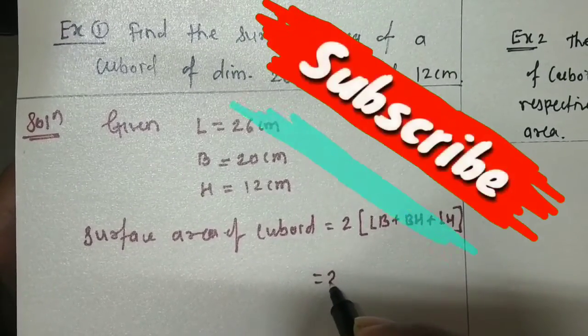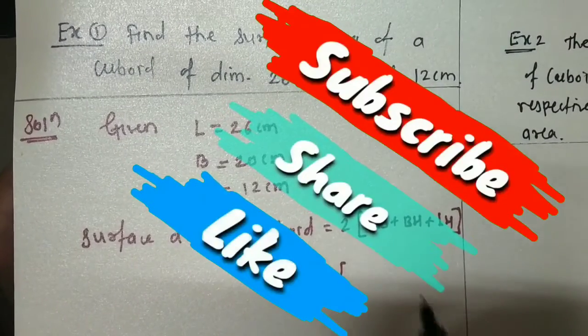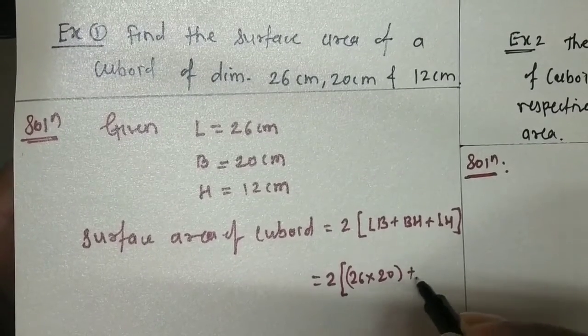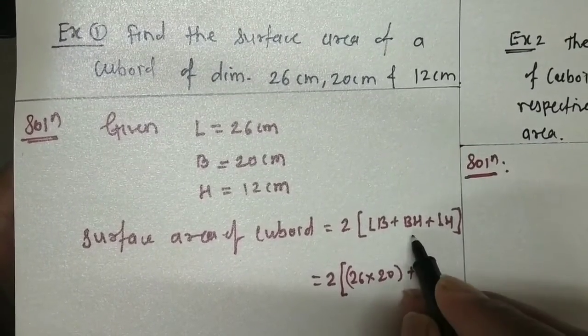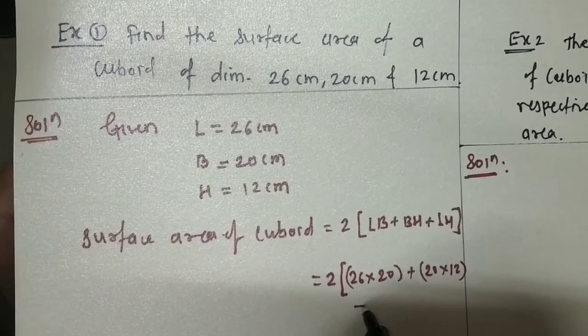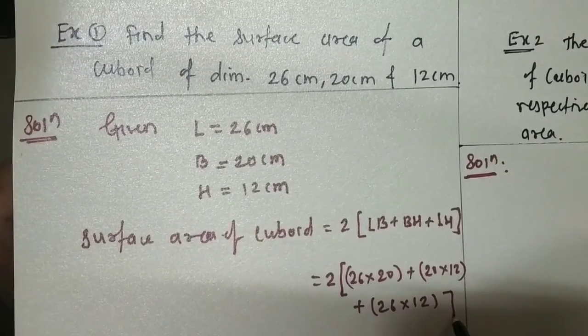So substitute all the values. 2 into, L is 26, so 26 into B, which is 20, plus B is 20 and H is 12, plus L is 26 into H, which is 12.